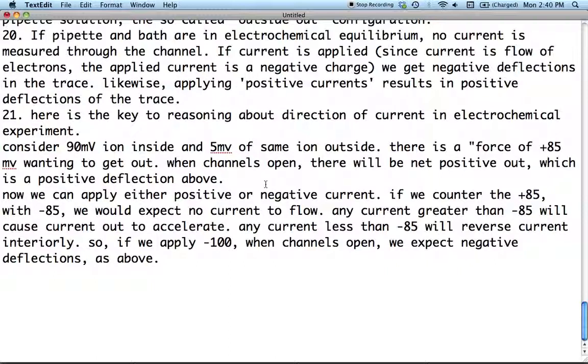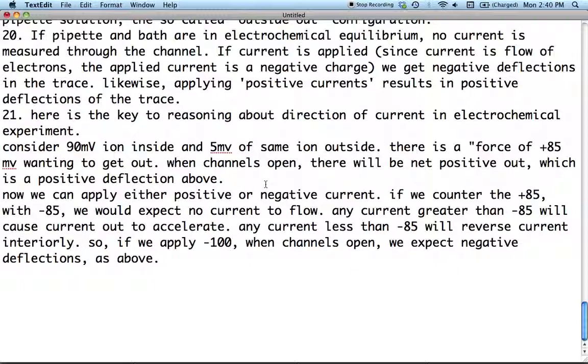So we're going to apply negative to this patch clamp configuration that was in equilibrium. So what happens if the channel's open? Well, you would get negative current. You'd get current running out of the cell.